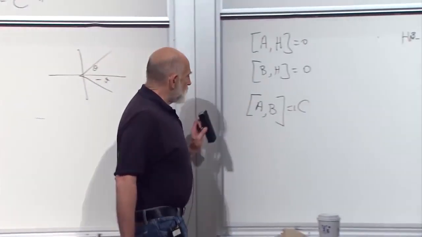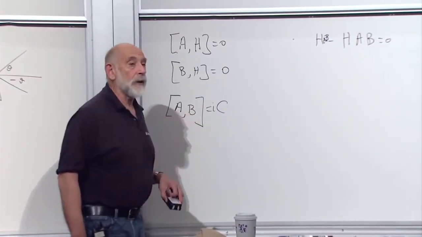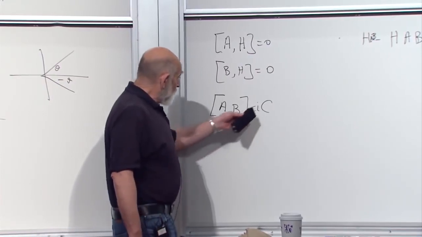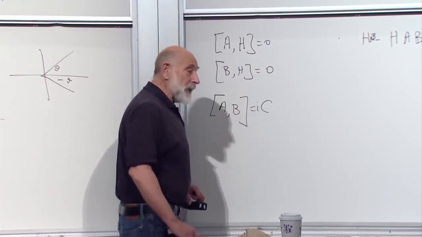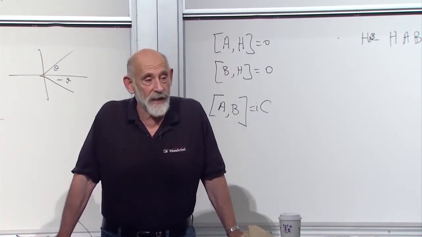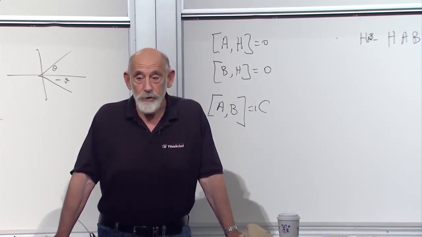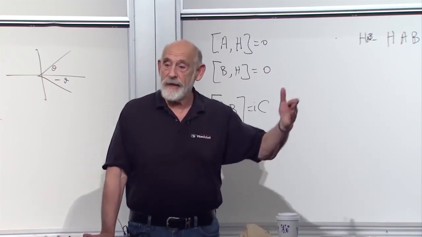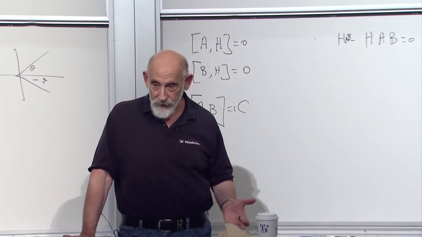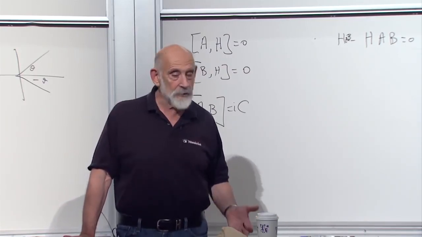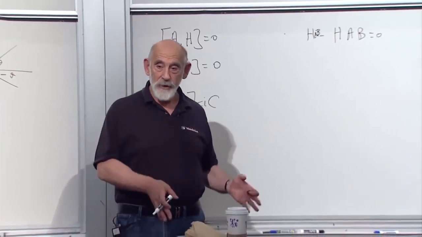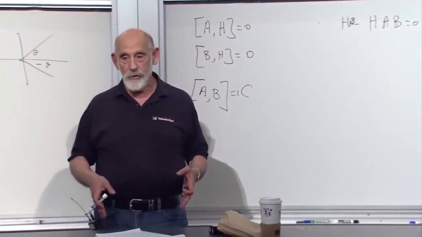where given two symmetries, if they don't commute, you generate a third symmetry, and it might be an independent one, might be a new thing. Once you have A and B and C, you can play the game again. Commute C with A and B. See what you get. You may get something that just reproduces, or that's just a linear combination of the three that you started with. Or you may get something new. You may get D. You keep doing this until you don't get something new.